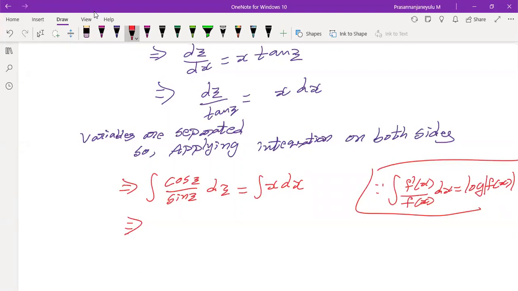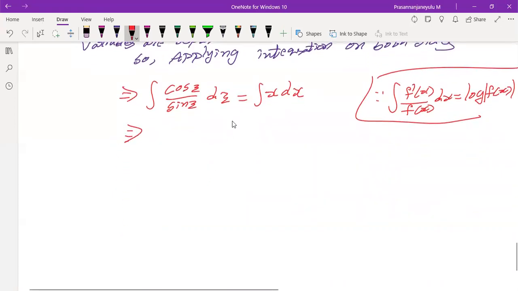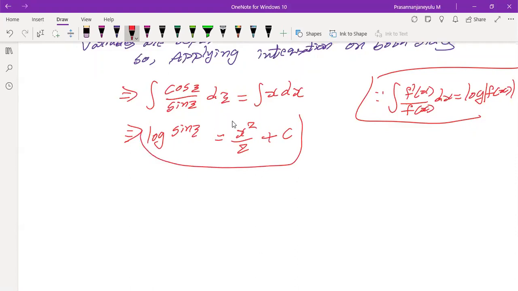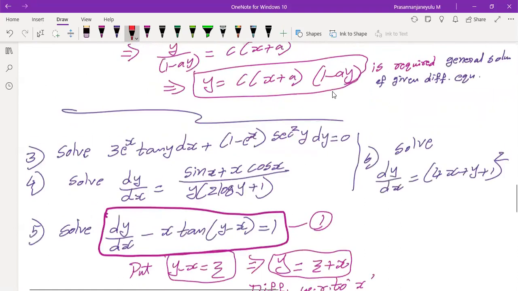The numerator is directly in our formula, so I can write the left hand side as log of sin z, equals integration of x into dx, which is x square by 2, then completed integration plus c, is the required general solution of the given differential equation.